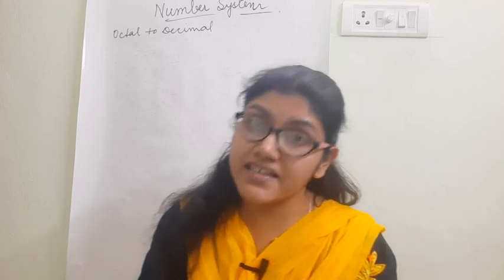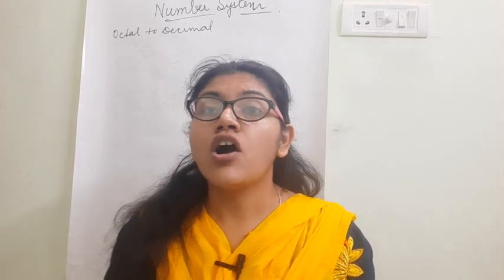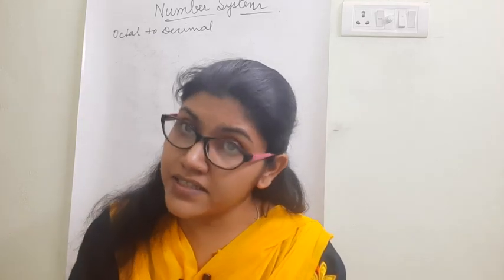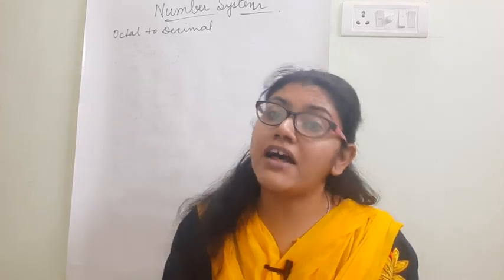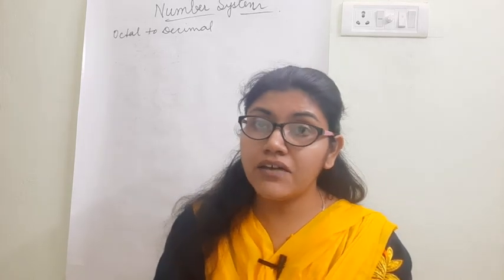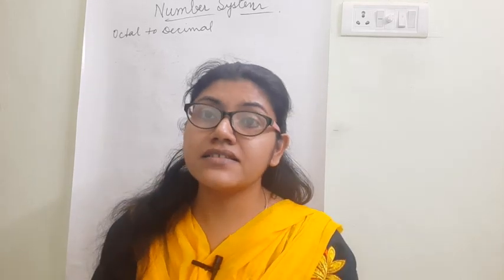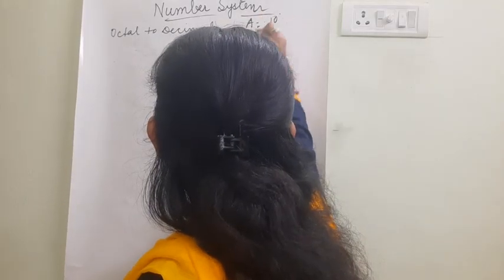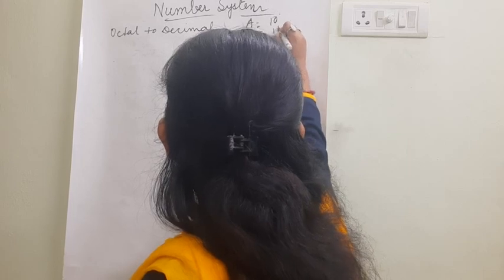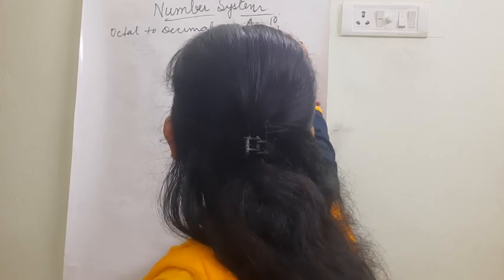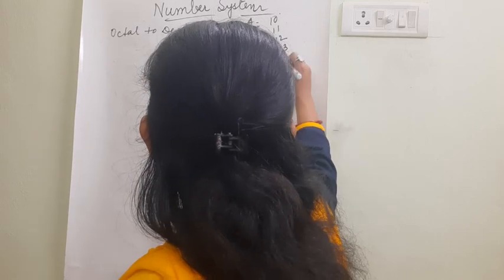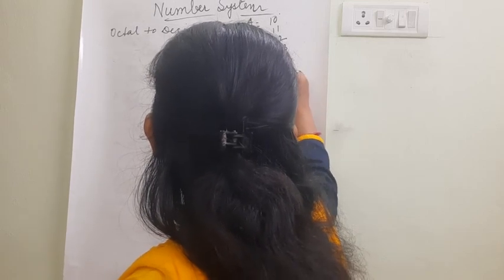I have explained hexadecimal. Hexadecimal has 16 digits: 0 to 9 digits are there, and A to F alphabets are there. Alphabets have their own values. A carries 10, B is 11, C is 12, D is 13, E is 14, and F is 15.